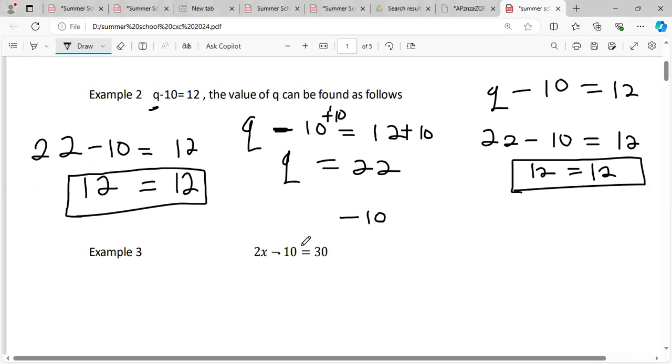You add 10 to this, and negative 10 plus 10 is automatically gone to 0. And then we add 10 now. So we have 2x equals 30 plus 10. What's the value of 30 plus 10? 40.